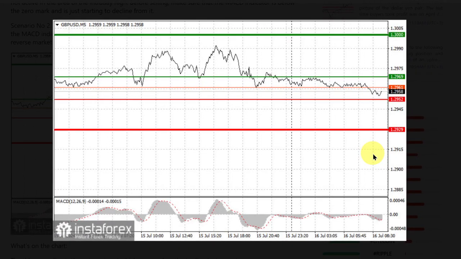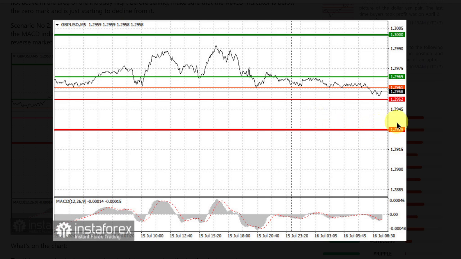Today you can plan to sell the pound after testing the level of 1.2952, plotted by the red line on the chart, which will lead to a rapid decline in GBPUSD. The key targets for sellers will be 1.2929.